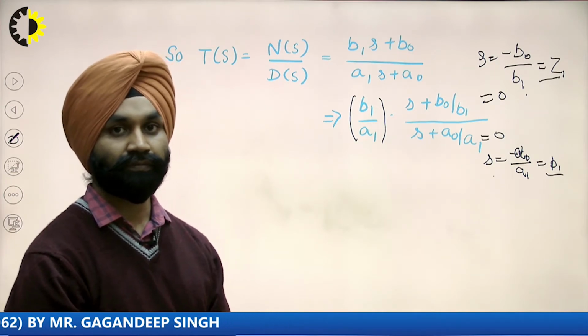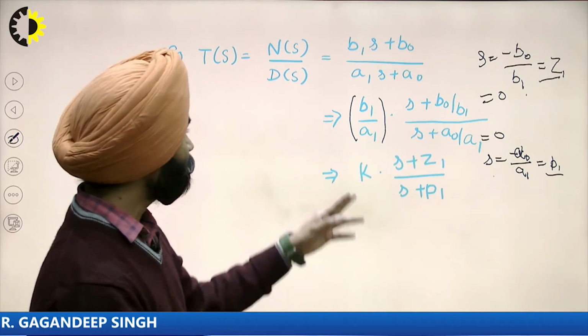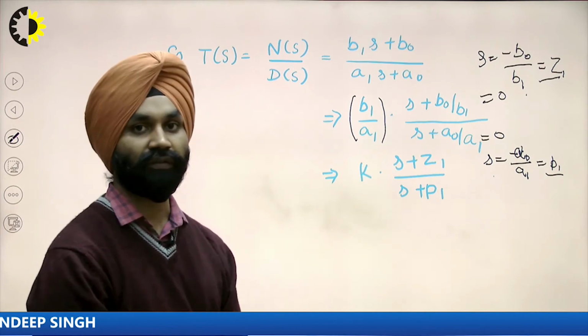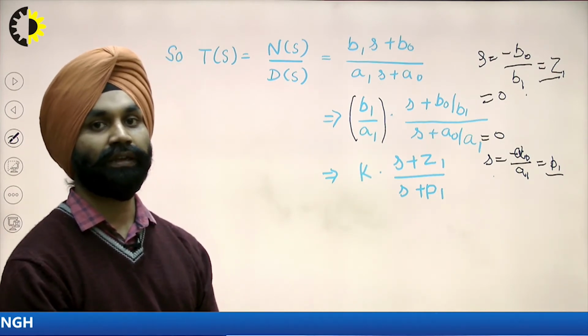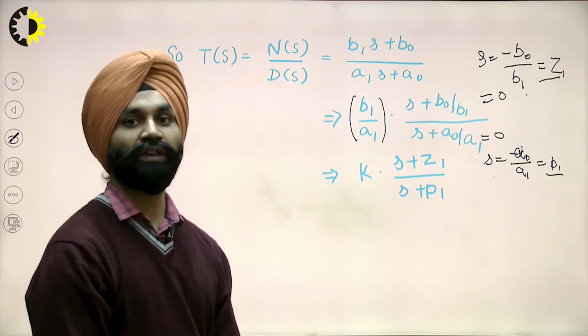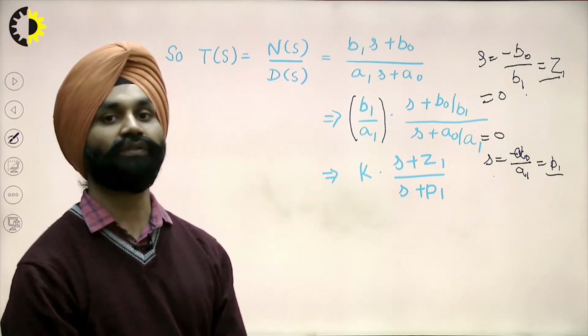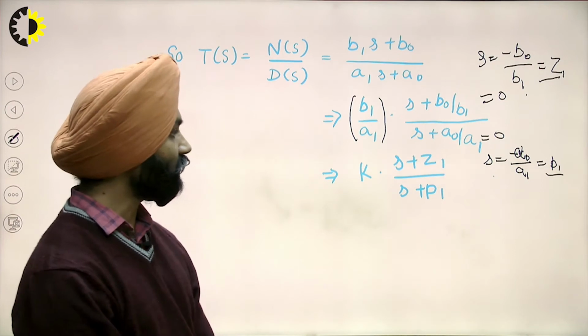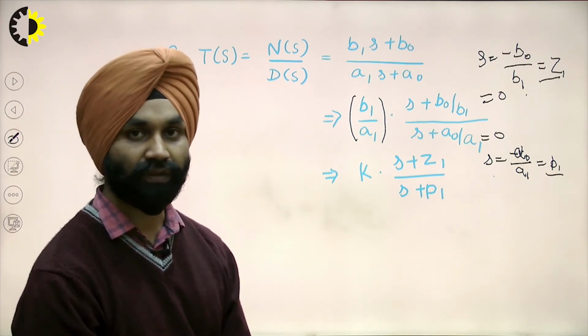So we can write this equation in this form, where k is b1 by a1. These are the highest coefficients of the numerator and the denominator of the transfer function. Zeros are z1 and poles of the transfer function are p1.